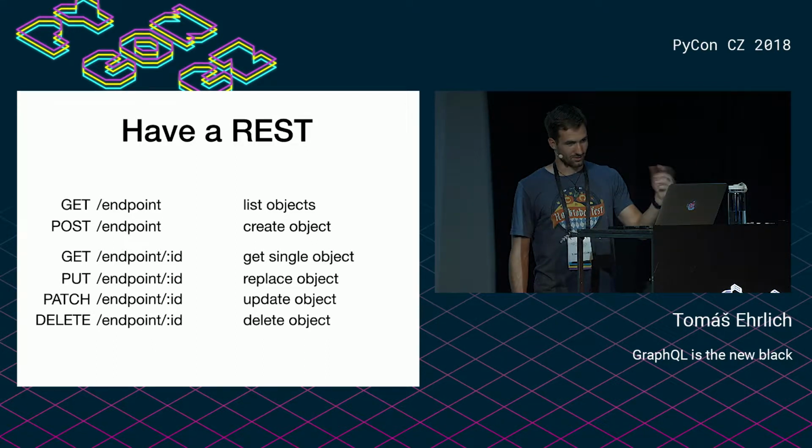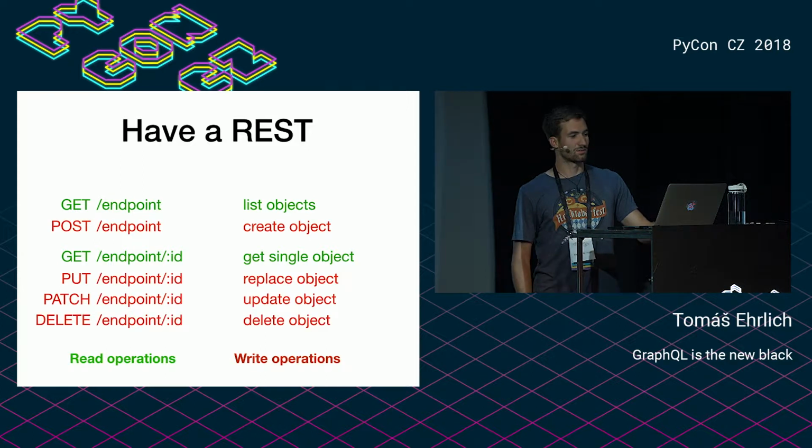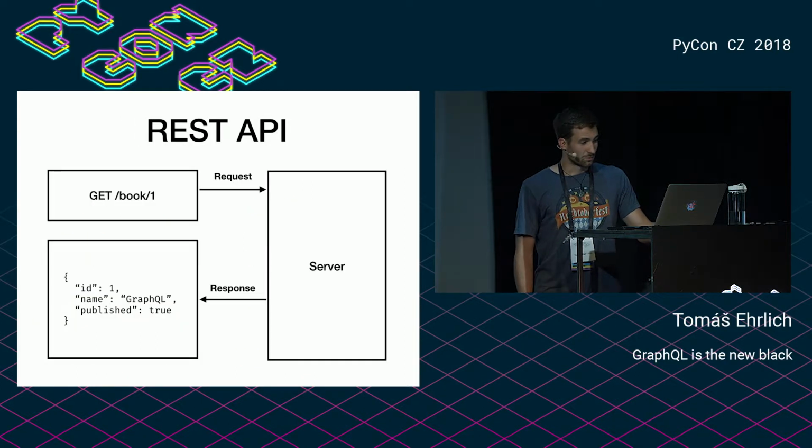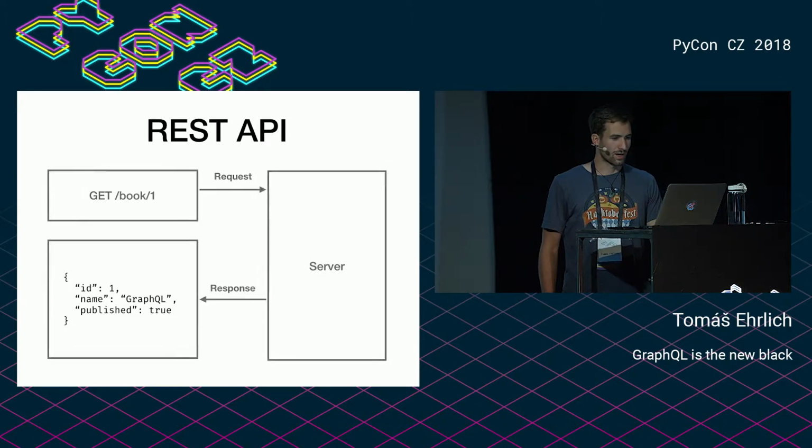The ST in the shortcut REST actually stands for state. So we could also say that we have read operations for reading the state, and write operations for mutating the state. So in REST, we simply send an HTTP call to the server, and the server gives us the data.